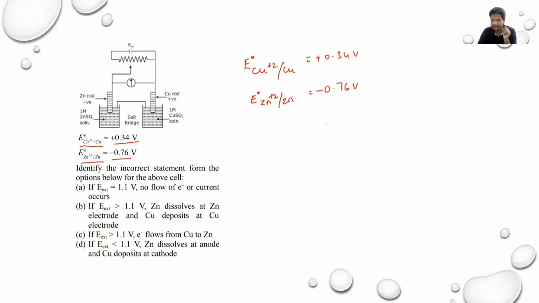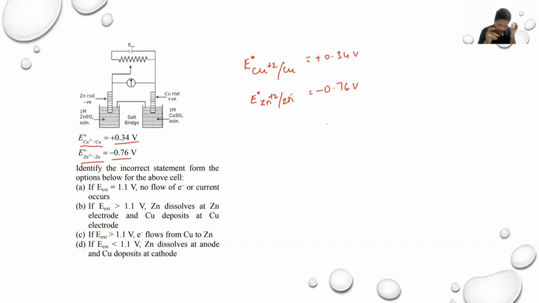Both are reduction potentials. So how do we pick which one is cathode and which one is anode? If the reduction potential is high, it will have more tendency to get reduced, so it will undergo the reduction reaction.